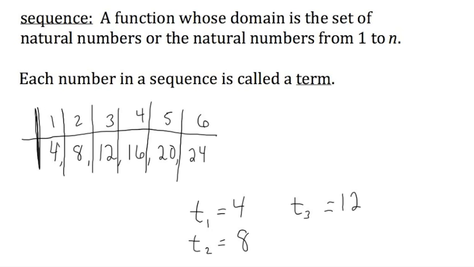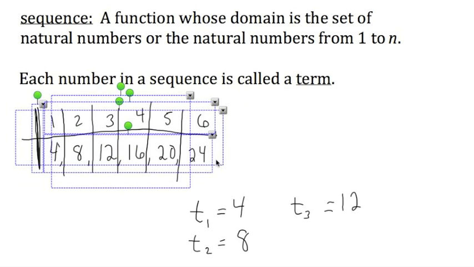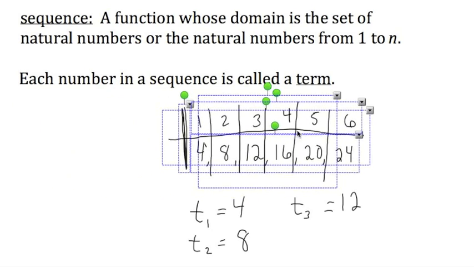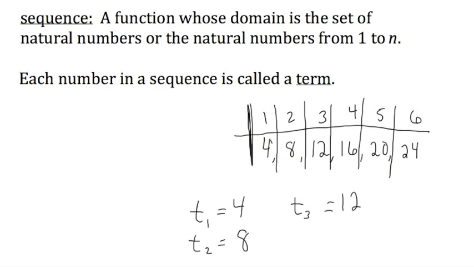Now let's also get familiar with some of the other notation that we'll be seeing when we work with sequences. Most commonly, when you're working with functions, you will call the input value x, and you will call the output value f of x. You input an x, you output f of whatever that input value was. That's not the case with sequences.